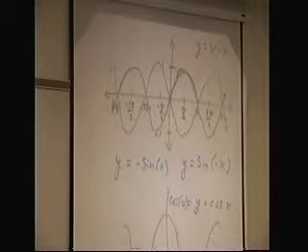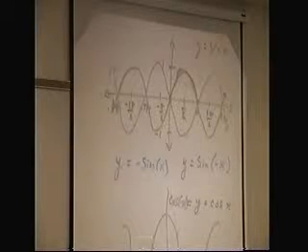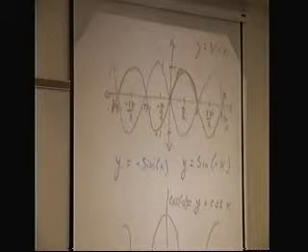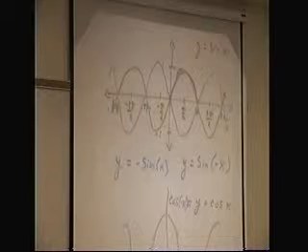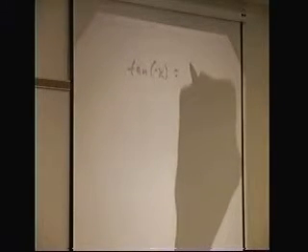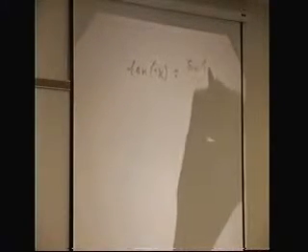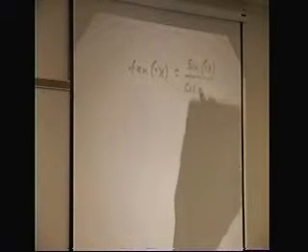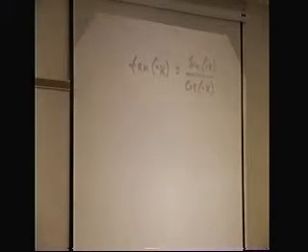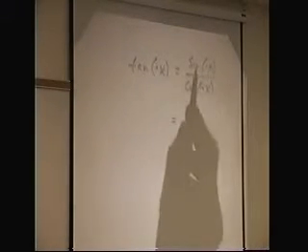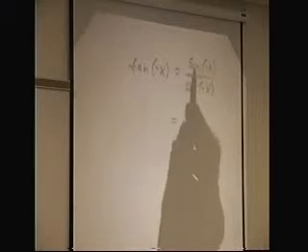Now that will lead you to be able to find what the tangent of negative x is. The tangent of negative x, and I'll give you a hint, isn't that the sine of negative x over the cosine of negative x? Well, wait a minute. Isn't this the negative sine x?